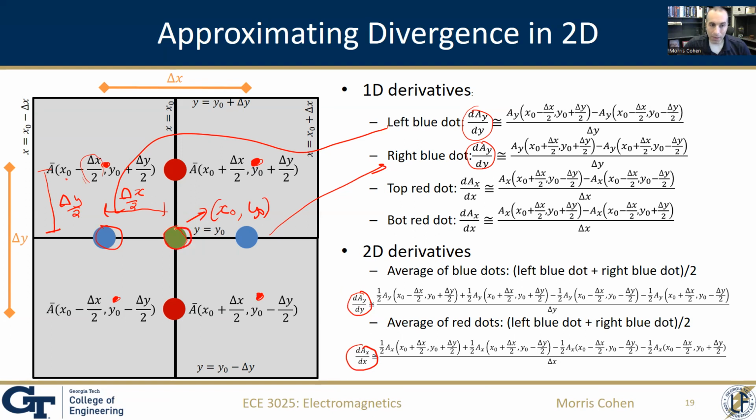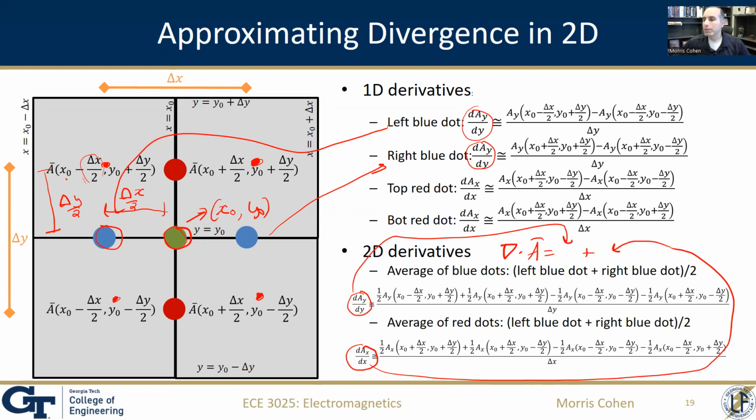Everything is now calculated at the green dot location and sort of centered nicely. And then the total approximation for the divergence of A is just going to be the sum of these 2, right? dAy/dy plus dAx/dx. And so now we can approximate everything in 2 dimensions.